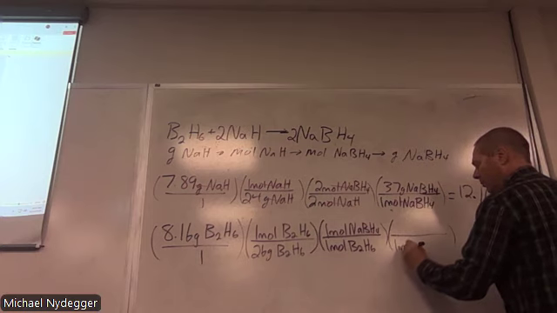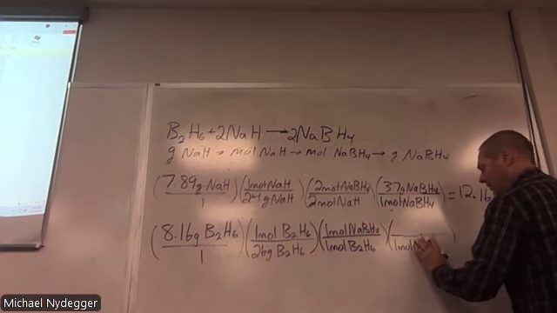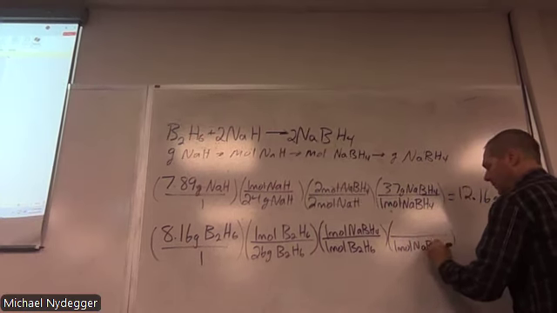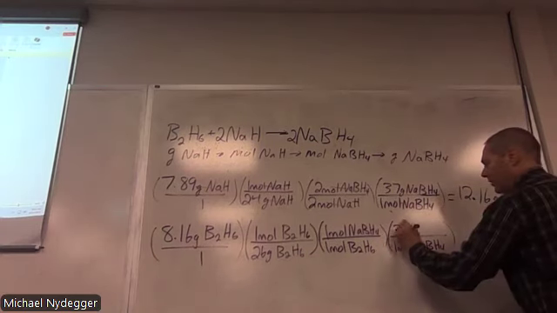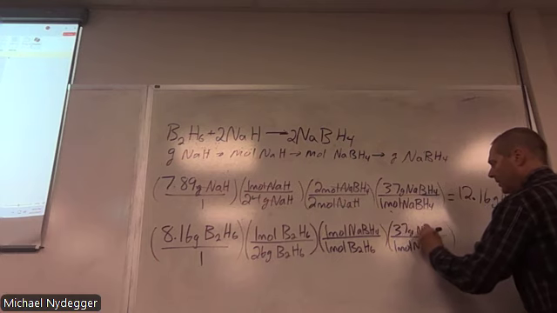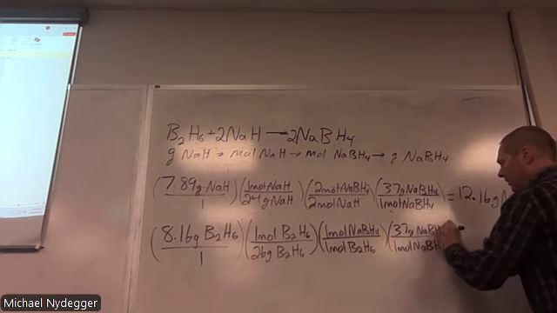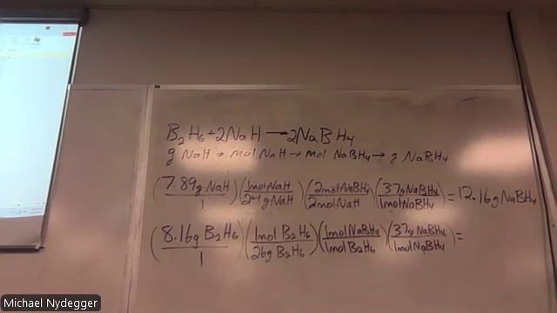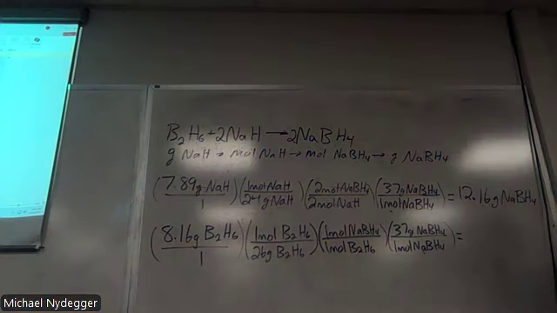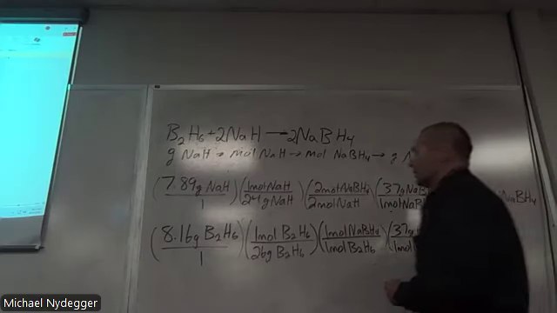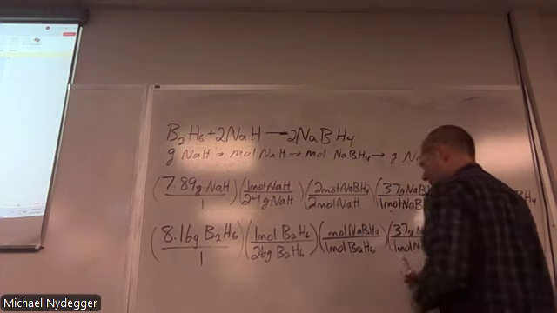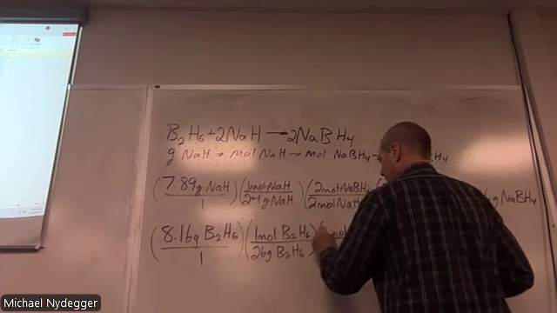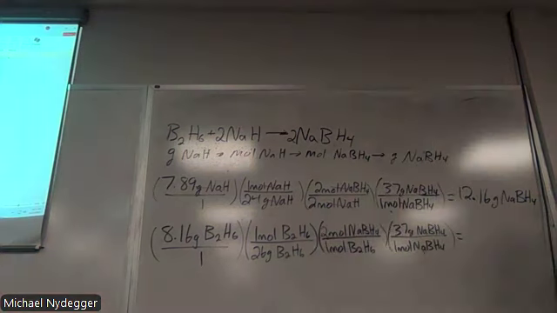And 1 mole sodium borohydride is going to be now 37 grams of sodium borohydride. Now, if we cancel our units out. Oh, wait, oops, I made a mistake. This should be 2, shouldn't it? Yeah, 2. Got ahead of myself, sorry.